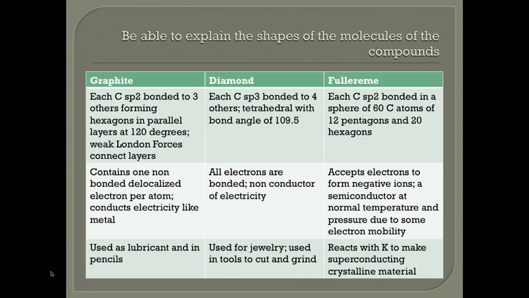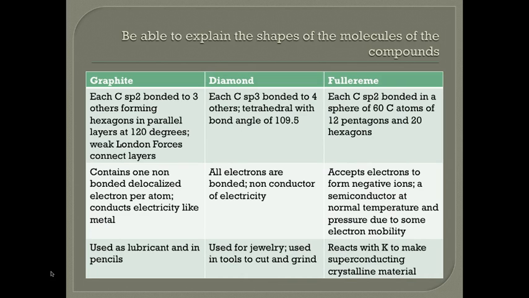However, another allotrope, diamond, is not sp2 bonded, but sp3 bonded to 4 other carbons. It turns out to be tetrahedral with a bond angle of 109.5 degrees. All electrons are bonded in diamond, so therefore it's a non-conductor of electricity. And we all know what diamonds are used for. In addition to jewelry, they're used in tools to cut and grind. As I said, Buckminster fullerene was discovered in the late 70s.